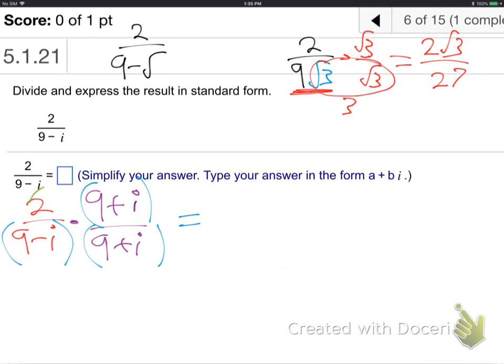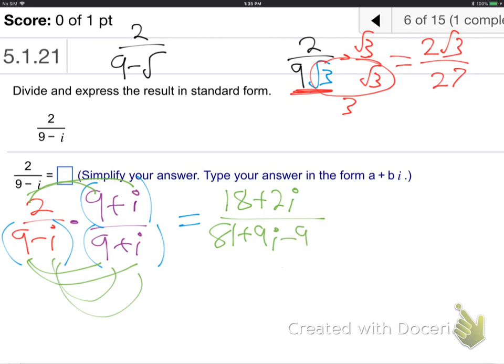So I'm going to take that 2 and go boom, boom. That'd be 18 plus 2i. Everybody get on the top so far? The 2 just distributes. On the bottom, it's a big FOIL. So we're going to FOIL out that bottom. That 9 goes to both. 81 plus 9i, boom, boom.